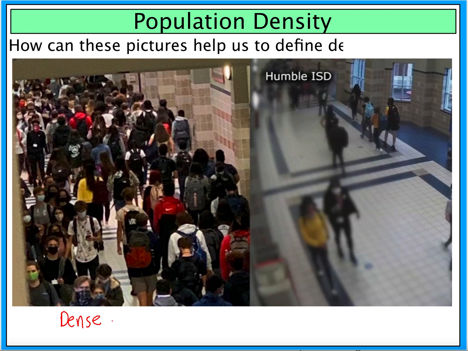Just kidding. Densely populated. I need an LY. Is that how you spell densely? Densely populated hallway. Okay. Whereas if we look at the hallway when classes don't dismiss, when kids are supposed to be in class, or maybe it's close to the bell, this is less dense.